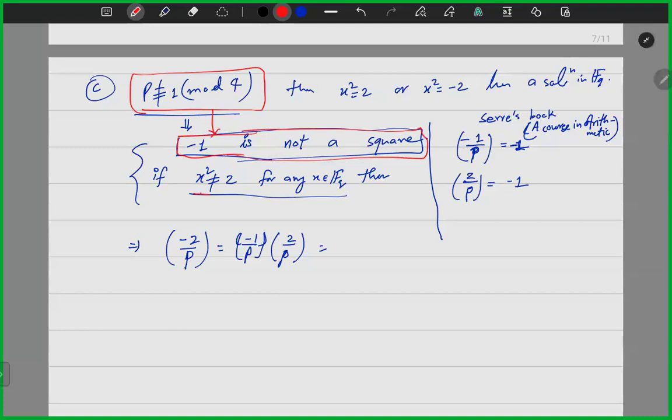And if we assume this part, then we are getting minus 1 into minus 1, which becomes plus 1. This implies minus 2 is a square.